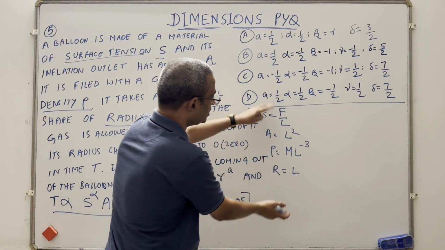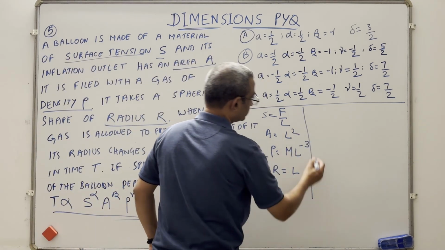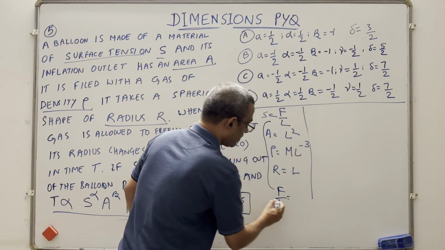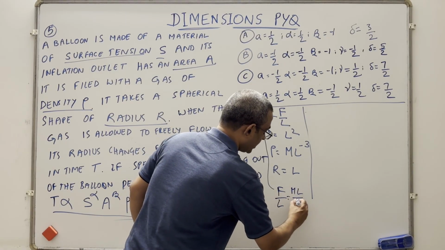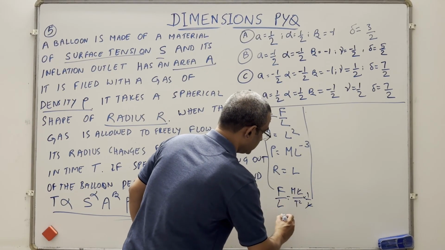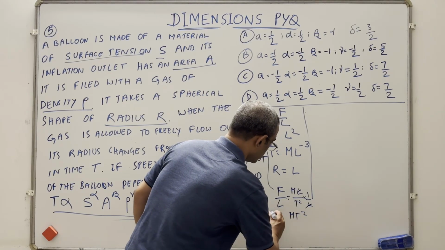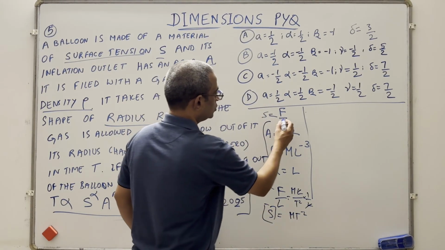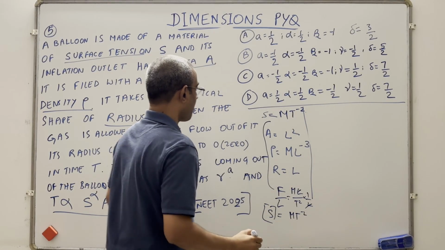So these are the dimensions of all of these. Surface tension is force by length. What is force? Force is mass into acceleration. L by T square into L. L gets cancelled. So we have M T power minus 2. So surface tension dimension is M T power minus 2.